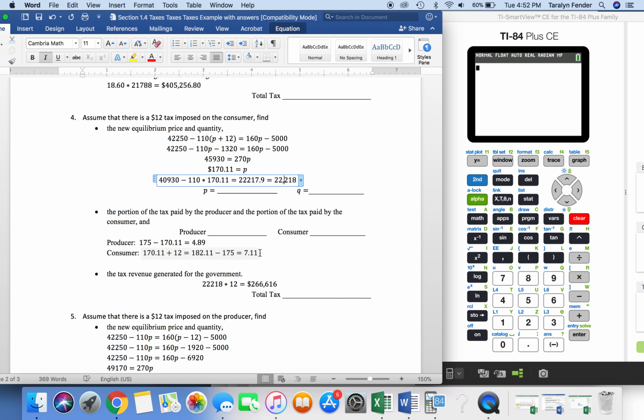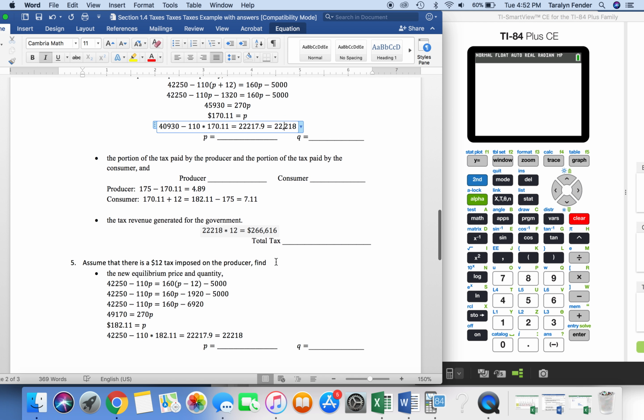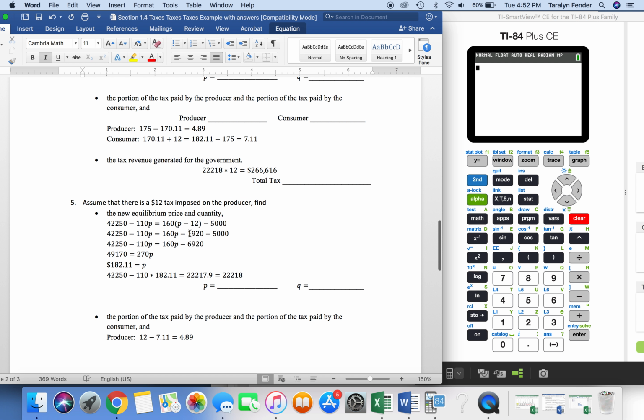So the consumer is paying $7.11 of the $12. So we multiply the quantity, 22,218, times the set $12 tax, and we get $266,616.